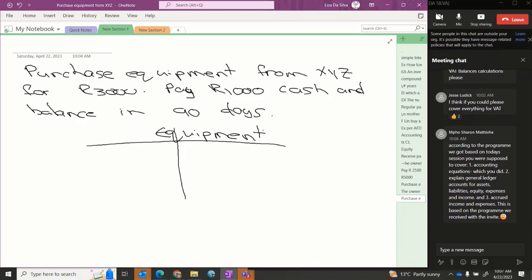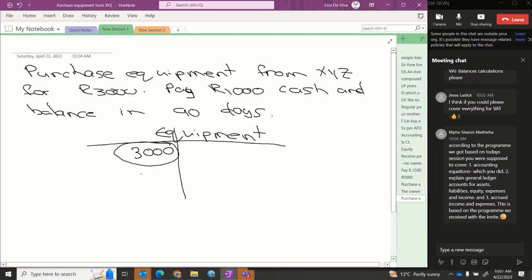If you have the equipment account, you bought it now for 3,000 Rand, meaning your asset is going to increase on that.